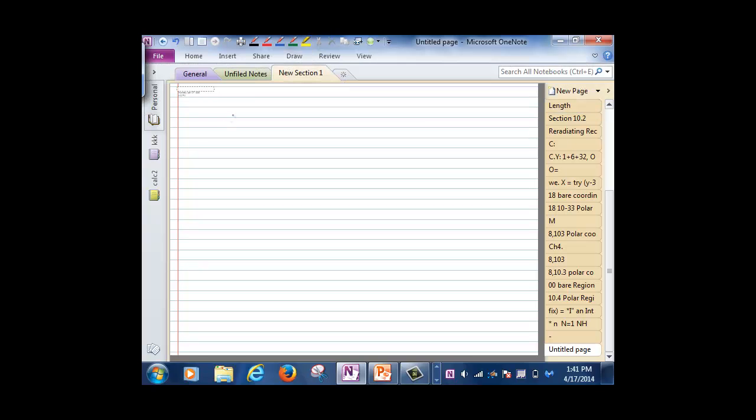So here's what I'm saying. Let's say I have the function f of x, and the function f of x is 1 over x squared, and let's consider this function for x larger than 0. So what is f of n then? F of n is exactly 1 over n squared, right?